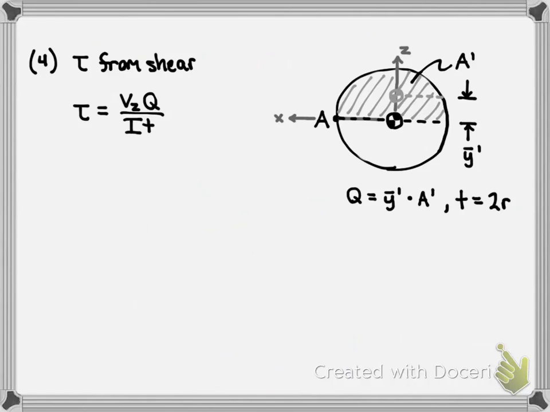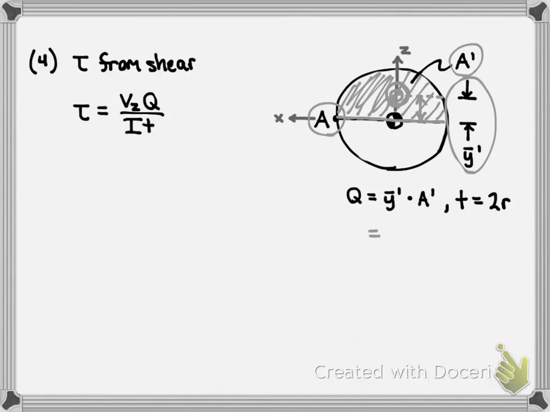So if you take the point that you're interested in, which in this case is point A, and you draw a horizontal line at that point A across the entire cross section, the area above that is your A prime, and the centroid of that area is right here. The vertical distance from the centroid of the entire cross section is y bar prime. So in this case, it's this vertical distance right here.